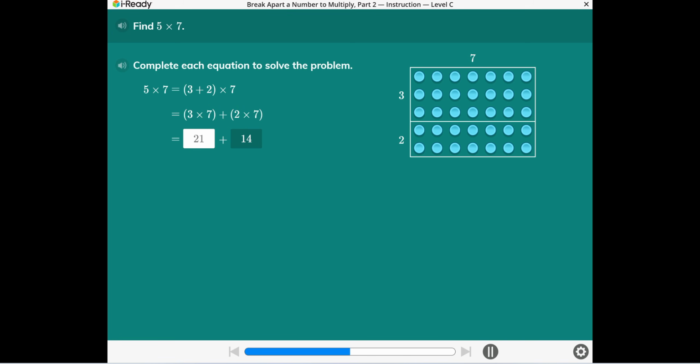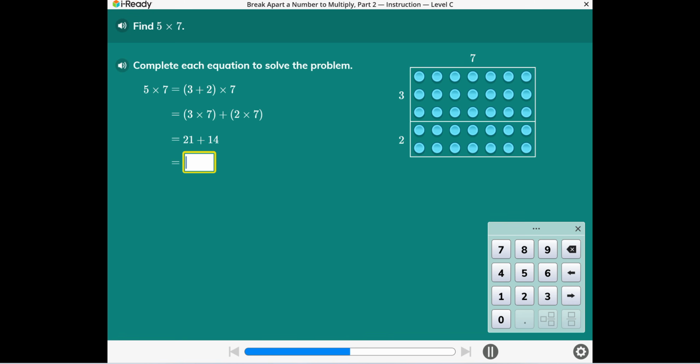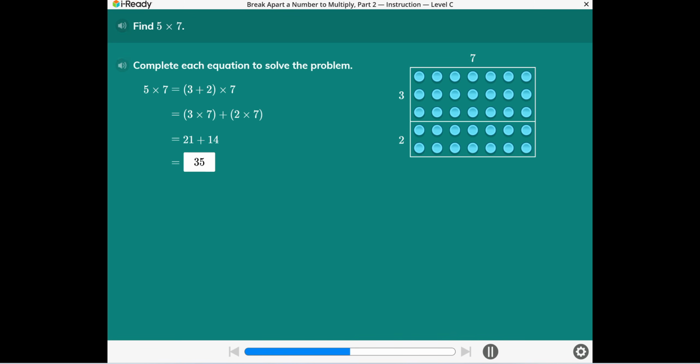Enter 21. You got it. I did get it. Equals 35.